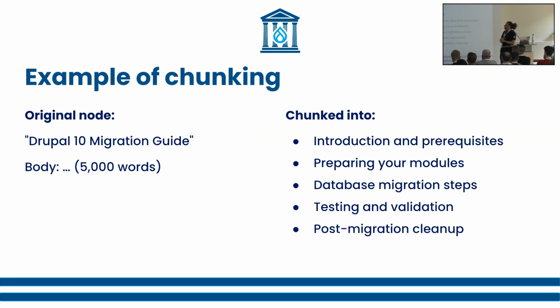So this is an example of chunking. We have the Drupal 10 migration guide node, and the body has 500,000 words. So we divide it into chunks. We can do the first part, which is introduction and prerequisites, preparing your module, database migration steps, testing and validation, then post-migration cleanup. In this way, instead of storing the whole document, we divide it into chunks and we store them.